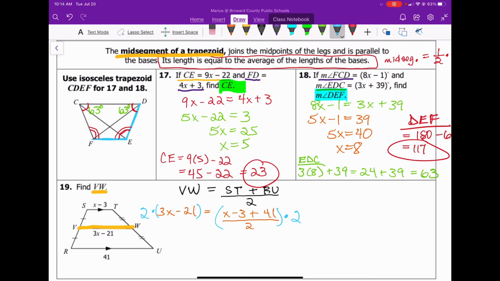So this is what it's going to look like. 2 times 3x minus 21 is equal to x minus 3 plus 41. And now we can go ahead and simplify everything. So that's going to become 6x minus 42 equals x plus 38.